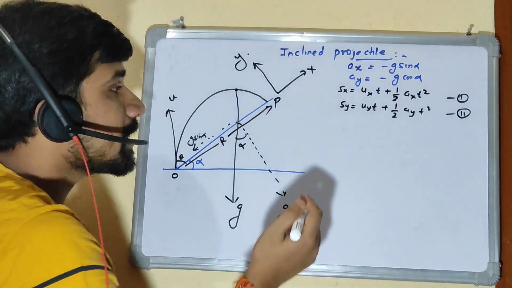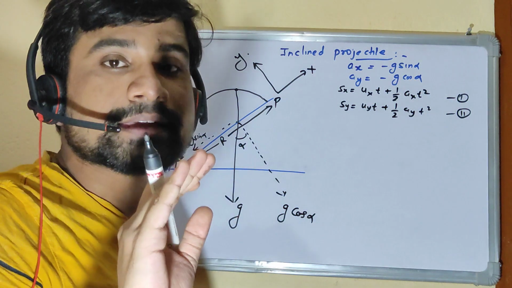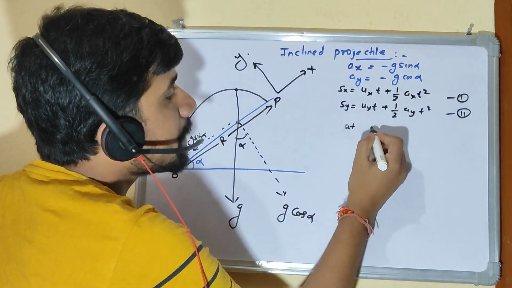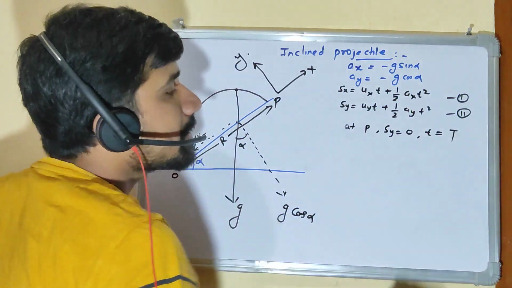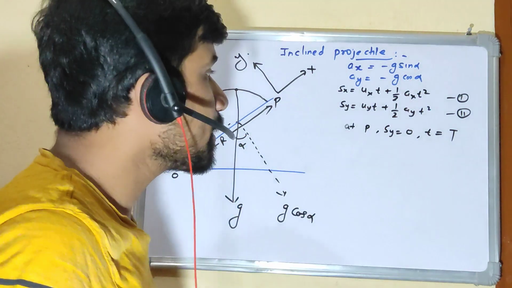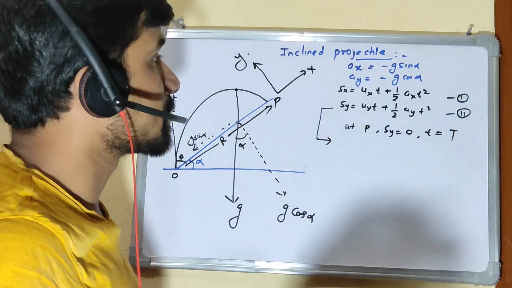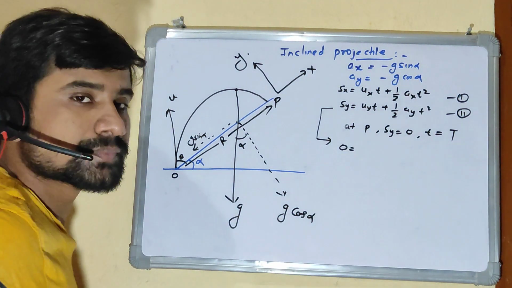So at point P, where the time of flight is covered, Sy is 0 and time is nothing but the time of flight, right? So if I take this particular relation, you know that Sy will be 0, right?